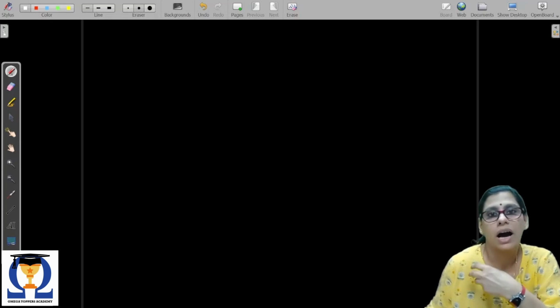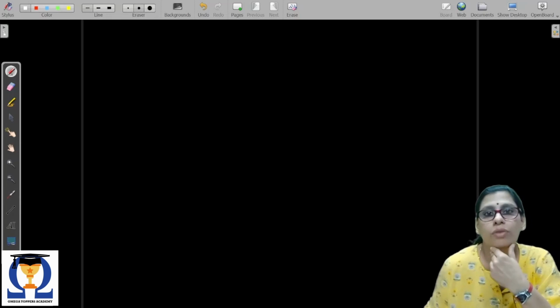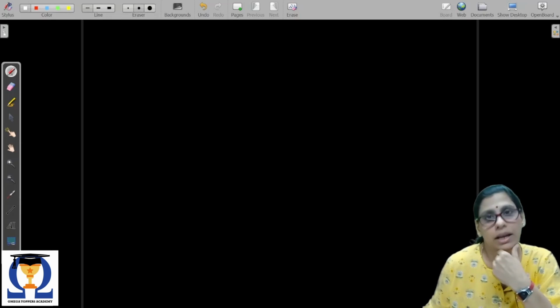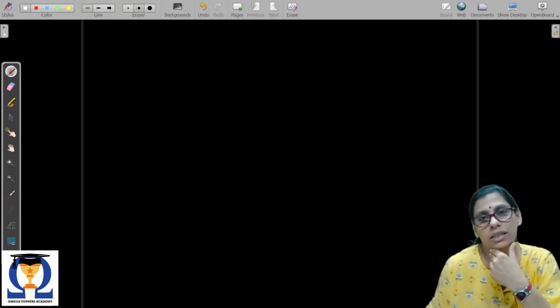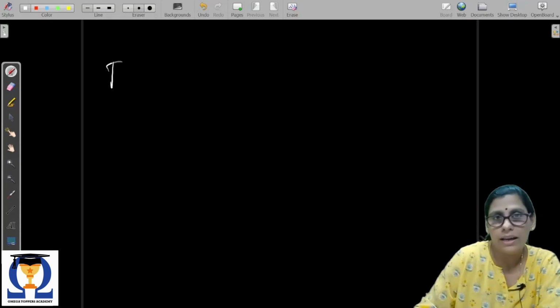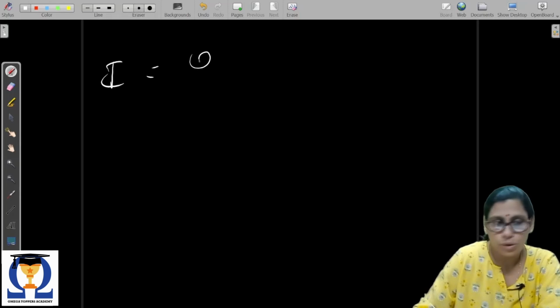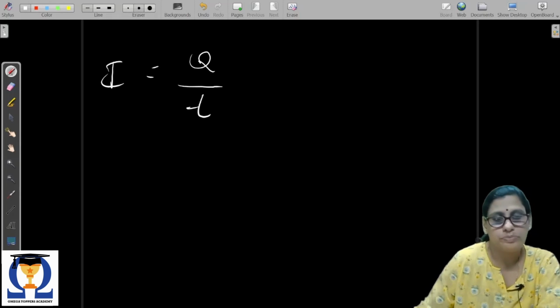Now, to define electric current, we can just remember the formula I is equal to Q by T. What is this I? I is the symbol denoted for the electric current, while Q is the charge and T is the time. So I is equal to Q by T. Q is the amount of charge flowing in the closed loop of the circuit per unit time.